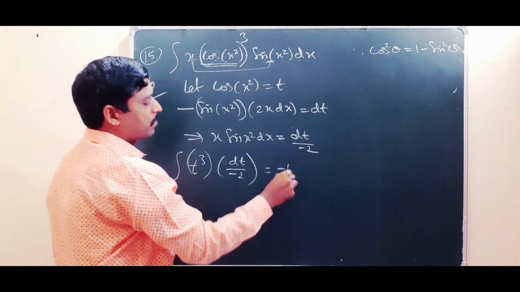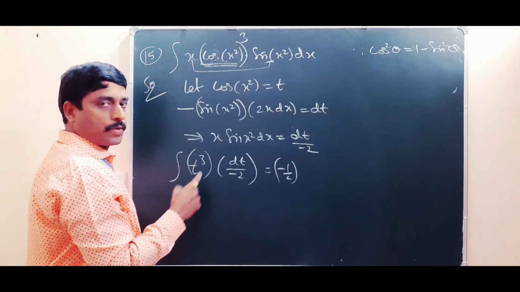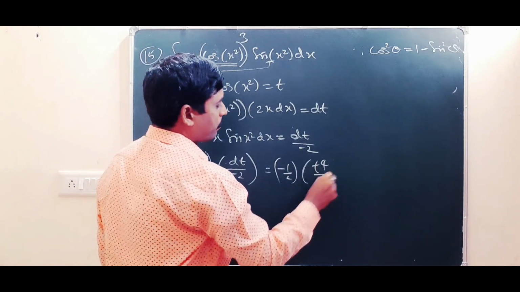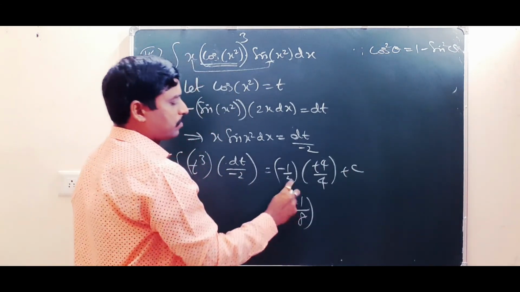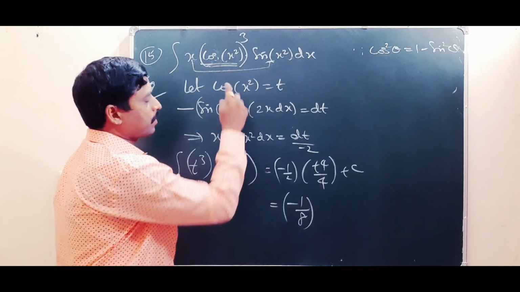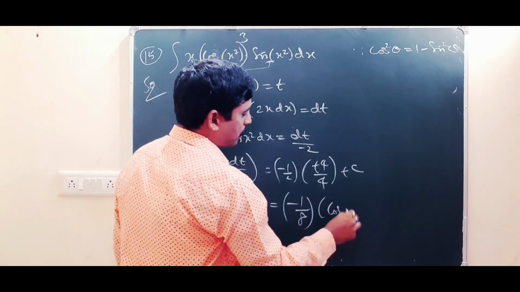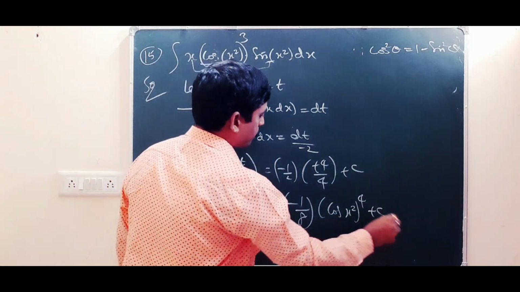Minus 1 by 2 is a constant, integral t cube is t to the power 4 by 4 plus c. So what is the answer? Minus 1 by 8, 2 into 4 is 8. In the place of t, we should write cos x square power 4. This is the answer.